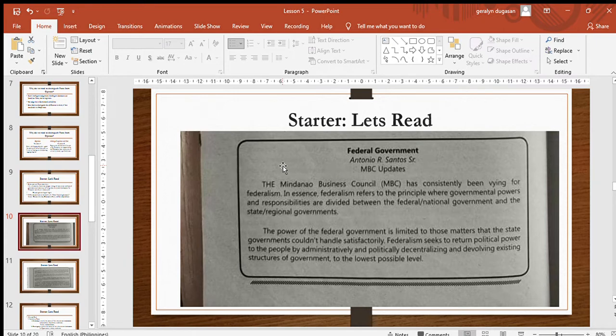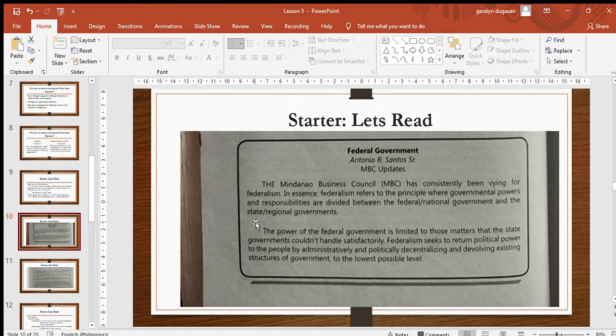The Mindanao Business Council, MBC, has consistently been vying for federalism. In essence, federalism refers to the principle where governmental powers and responsibilities are divided between the federal national government and the state regional governments.